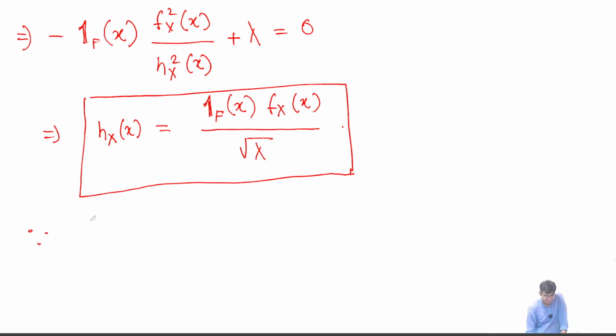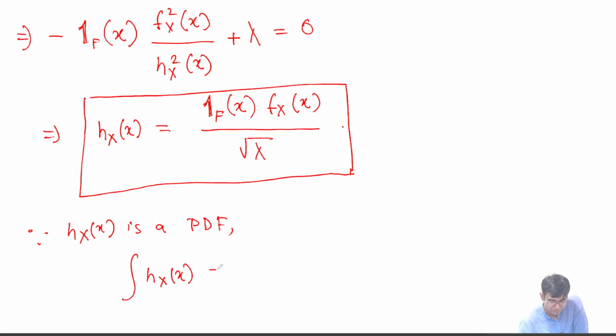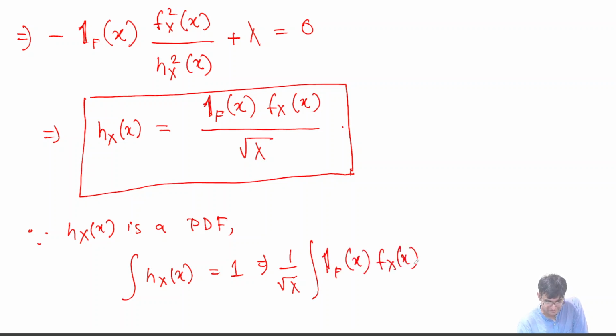Since h(x) is a PDF, the integration of h(x) should be equal to 1, which implies 1 by root lambda, is it a function of x? No, it should come outside. 1 by root lambda times the integration of I(x) f_X(x) dx is equal to 1, right?